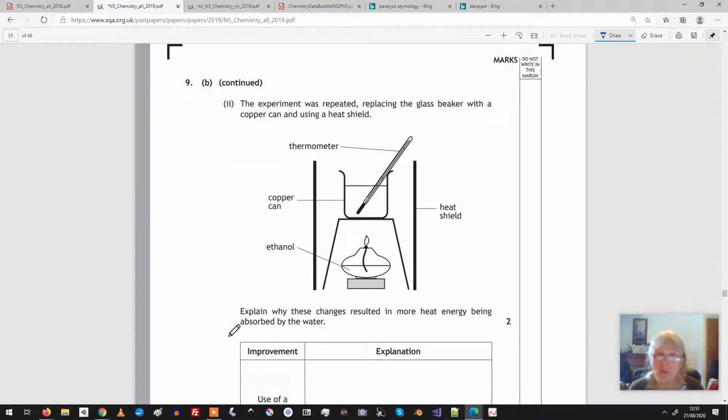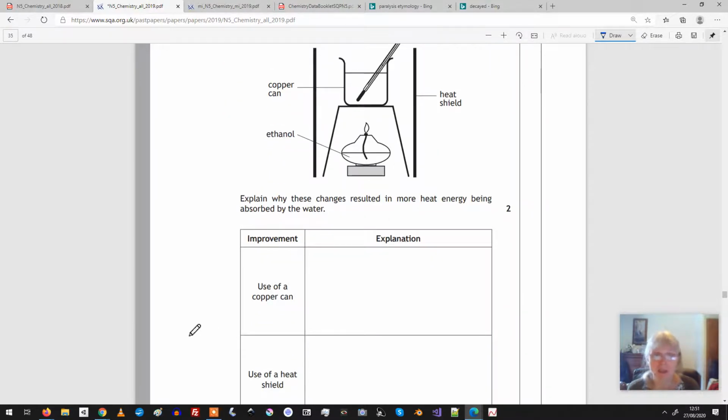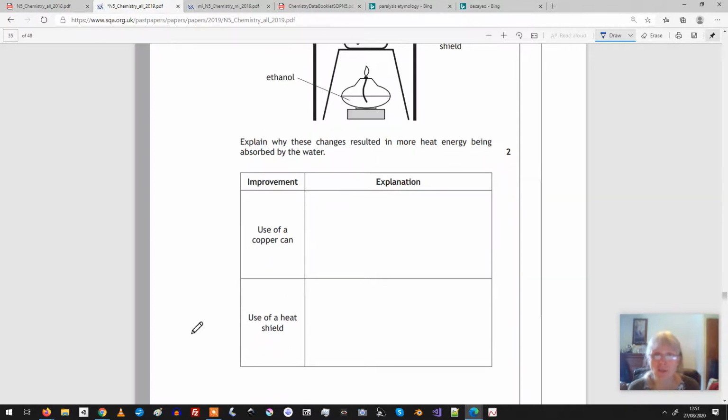The experiment was repeated, replacing the glass beaker with a copper can and using a heat shield. Explain why these changes resulted in more heat energy being absorbed by the water. So using the copper can helped because the copper conducts heat better.